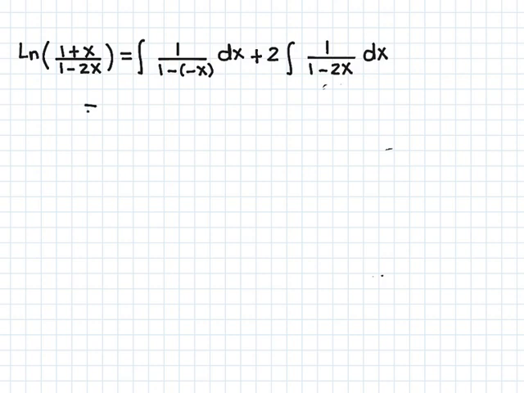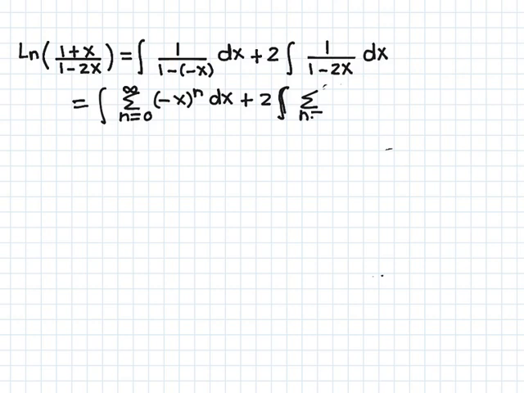So what we get is the integral of 1 over 1 minus x, so that's the integral of the summation n equals 0 to infinity of minus x, which is a common ratio, to the power of n dx, plus 2 times the integral of the summation n equals 0 to infinity of 2x to the power of n dx.